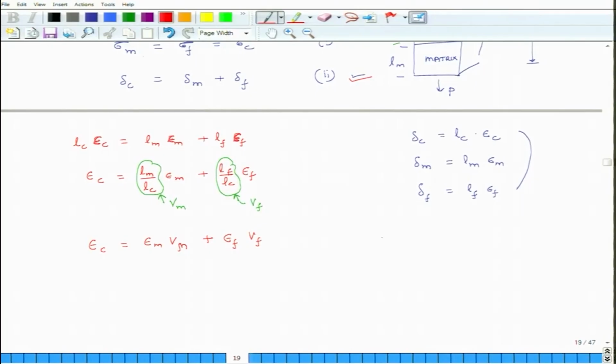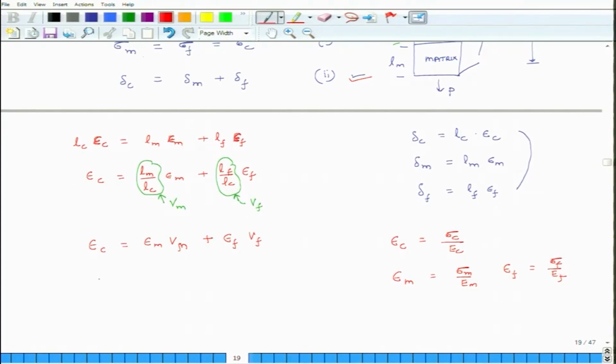And now, we know that epsilon c, the strain in the composite, is the stress in the composite divided by Ec. Epsilon m is the stress in matrix divided by Em, and epsilon f is the stress in fiber divided by Ef.